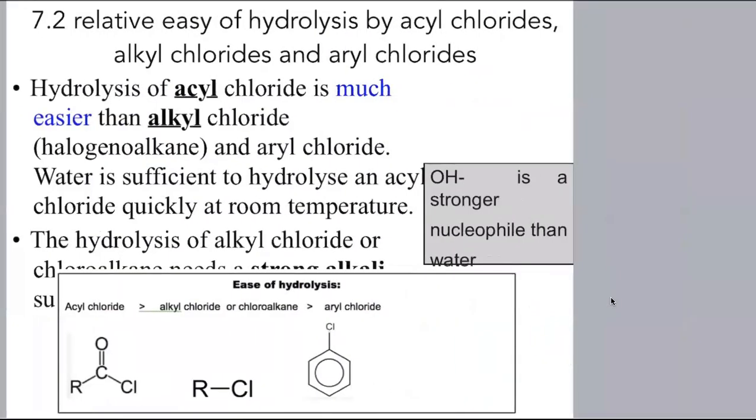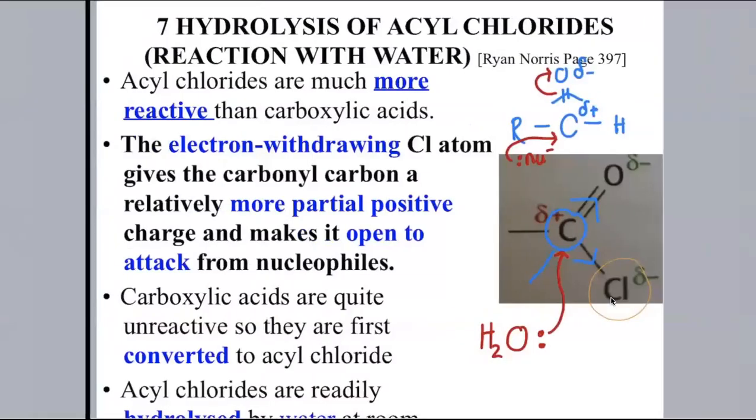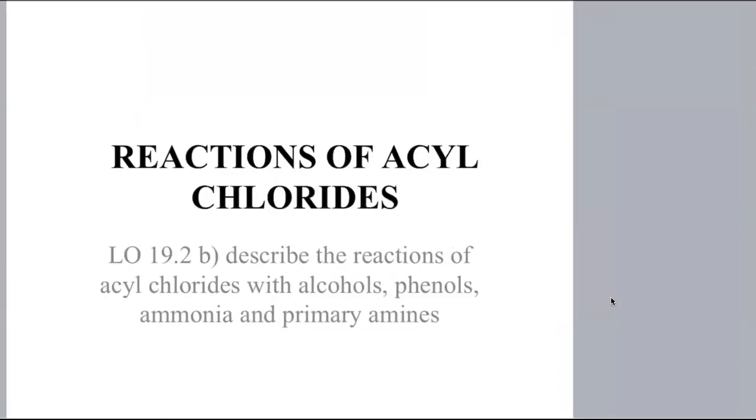I will not talk about the ease of hydrolysis, but that's the mechanism of acyl chloride. So now we're going to look at the reactions. Back to page 6. Page 6 shows the reactions of acyl chlorides. Acyl chlorides can react with alcohols, just like carboxylic acid. It can react with phenols.